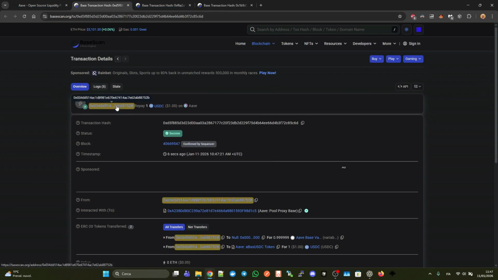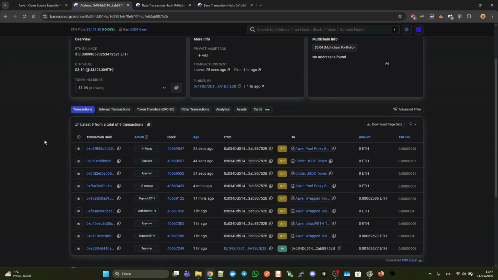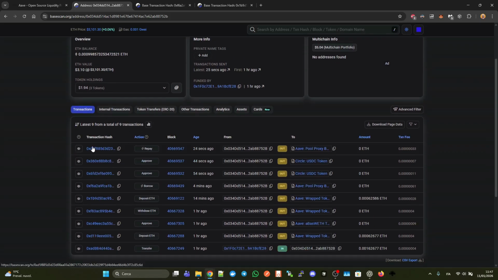All this transaction we should see in the block explorer. So this is the repay transaction, the two approves, that we have repaid our loan, and this is the borrow that we did before when we took one USDC.